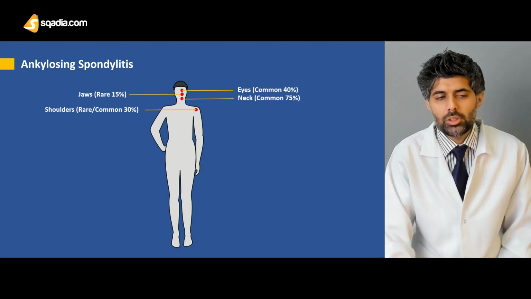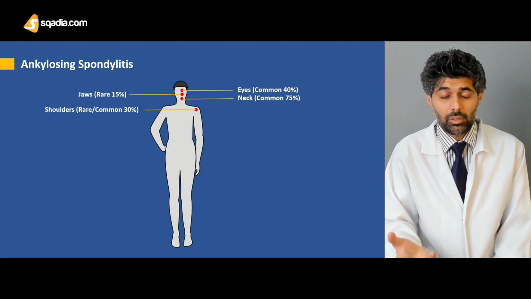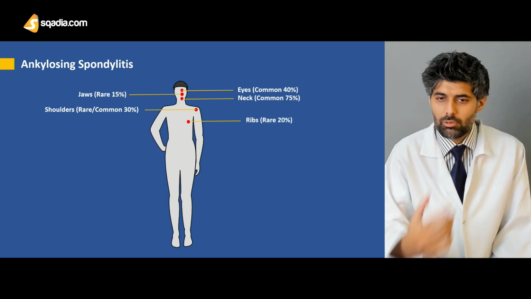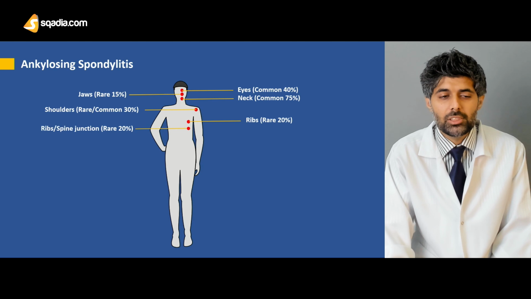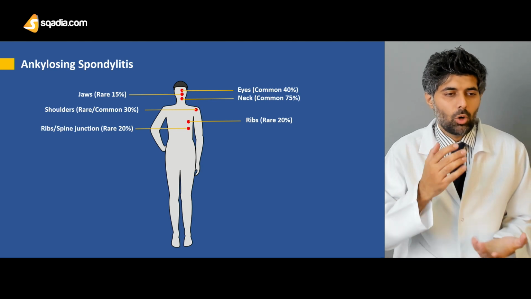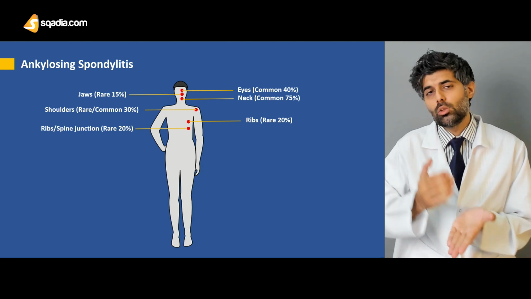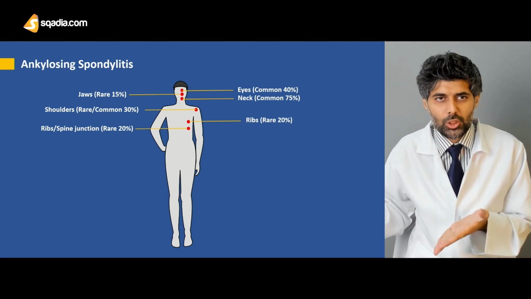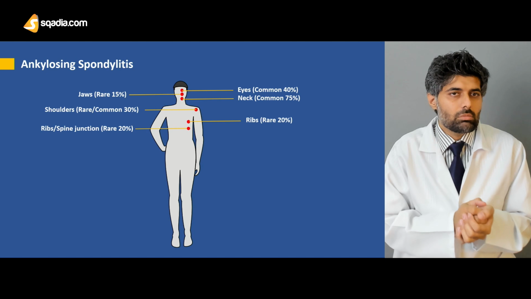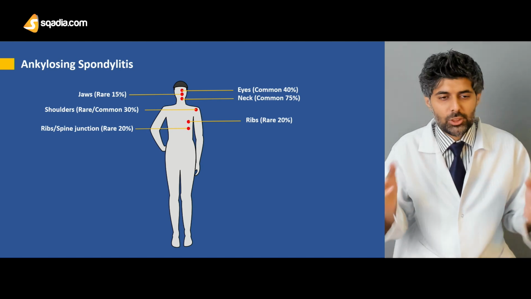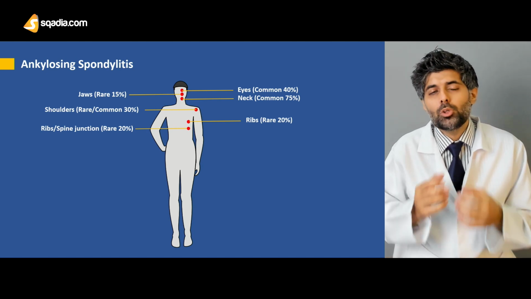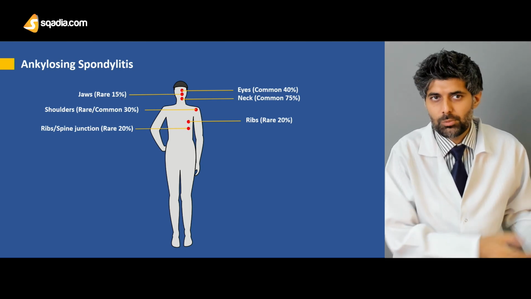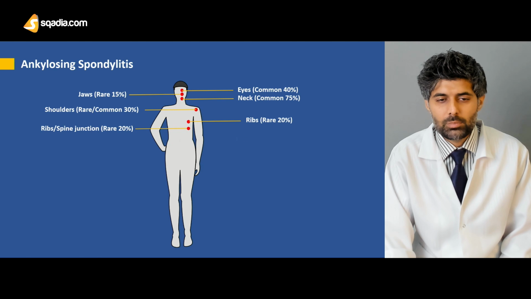Next, the shoulders, even though they are rare, are still affected in about 30% of all patients. The ribs, or the costovertebral junction, or the rib cage as a whole, have about 20% prevalence in patients with ankylosing spondylitis.